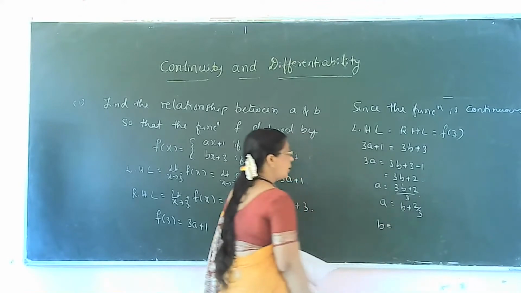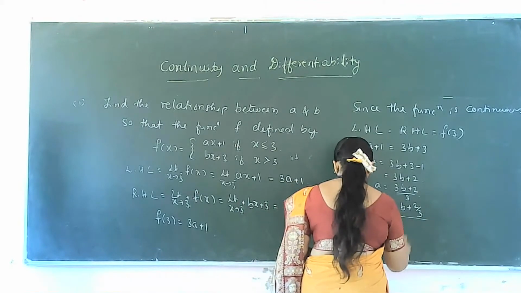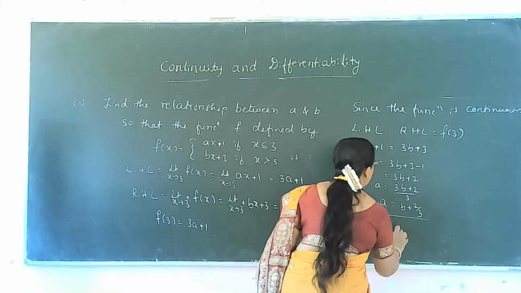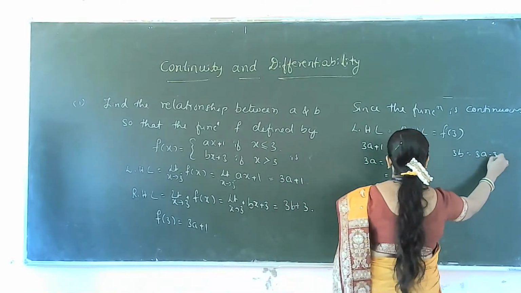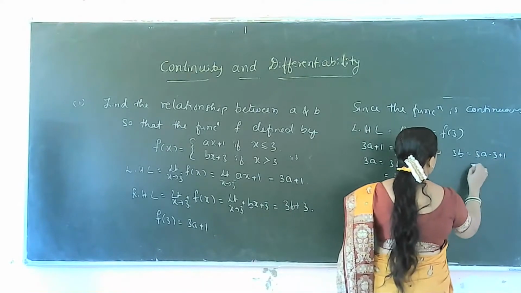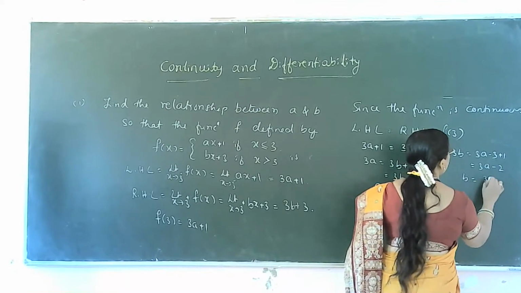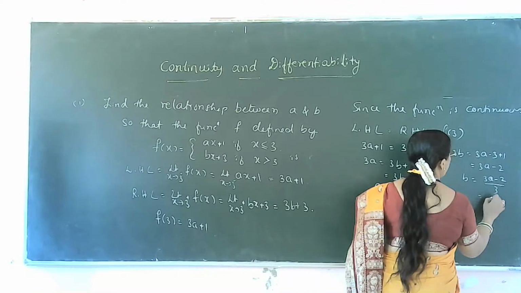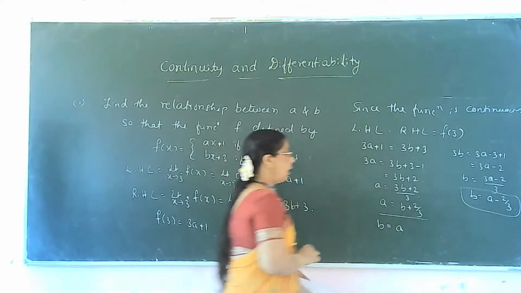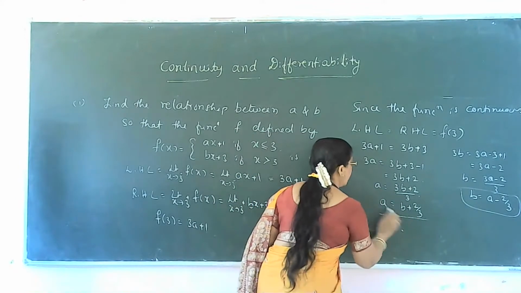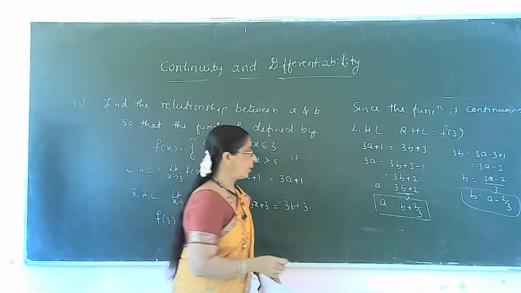Or we can find the relationship for B also. 3b is equal to 3a minus 3 plus 1, which is equal to 3a minus 2. Therefore, b is equal to 3a minus 2 by 3, that is, a minus 2 by 3.